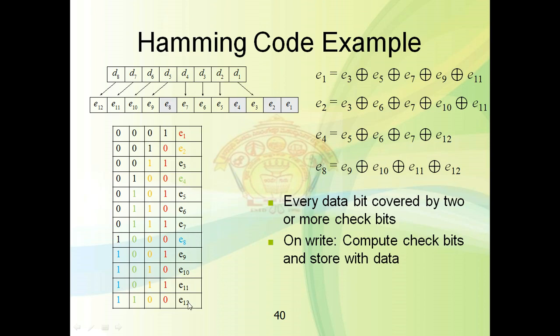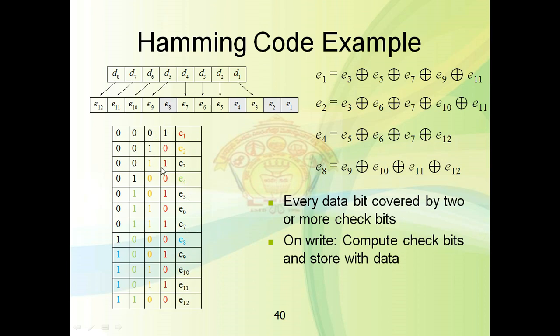We are simply applying the binary number for each of E1 to E12. Okay, so that is 0 0 0 1, likewise 0 0 1 0, 0 0 1 1.